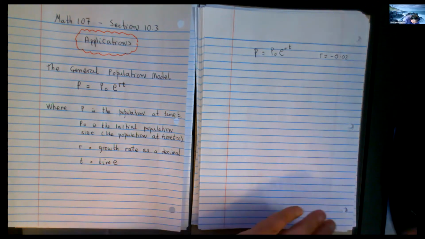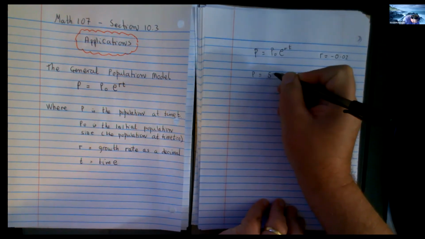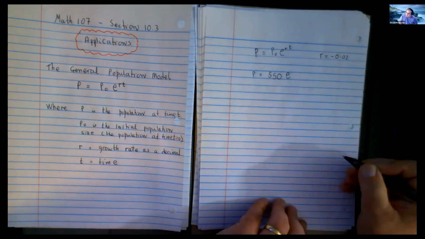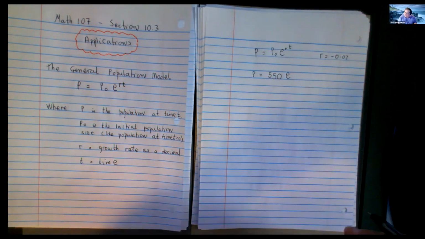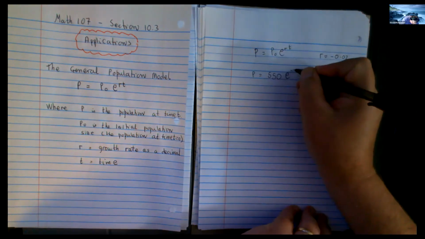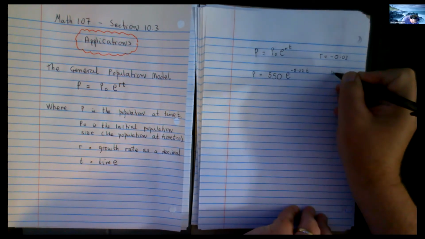So imagine we've got a town in the Midwest, and this town has 550 people in it. But it's not a prosperous town. Actually, people are leaving more than the town is growing, and you're losing 2% a year. So time is in years again.